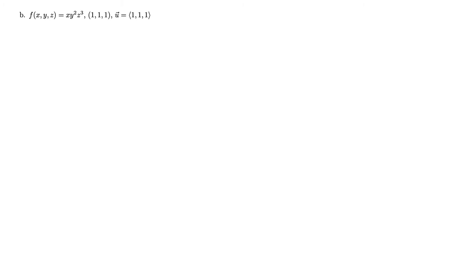All right, so remember again, we're trying to find the rate of change of this function at this point in the direction of this vector. So in other words, we want the scalar projection of the gradient at this point onto this vector.